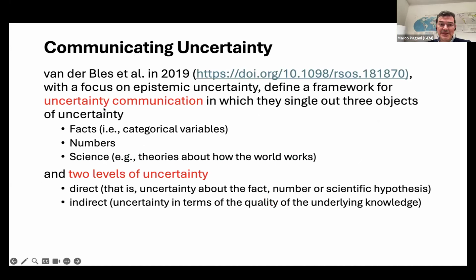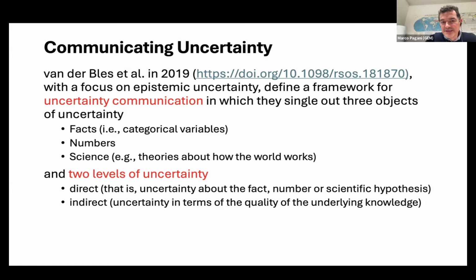I found a publication that is very interesting regarding the challenge of communicating uncertainty. In this research, they were subdividing different objects that are affected by uncertainty.